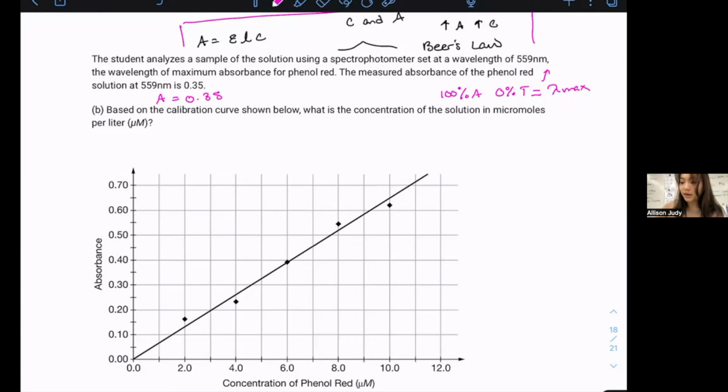Ooh, micro is 10 to the negative, by the way, I believe it is to the negative 6. I think that's correct. Let me just double check that. Micro unit, I believe, is 10 to the negative 6.